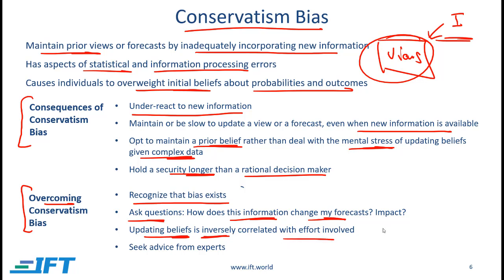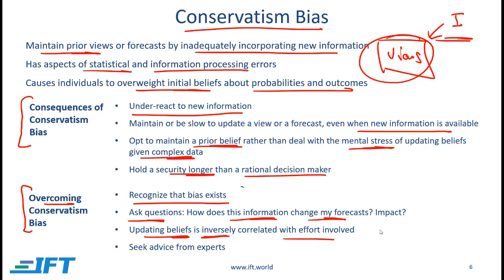What that means is that if new information comes in and it's very difficult to process, or there is a fair amount of effort that will go into changing my beliefs, my views, or the probabilities associated with how a given investment will perform, then the more difficult this whole process, the more likely it is that I will not change my beliefs. But obviously, this doesn't make logical sense.